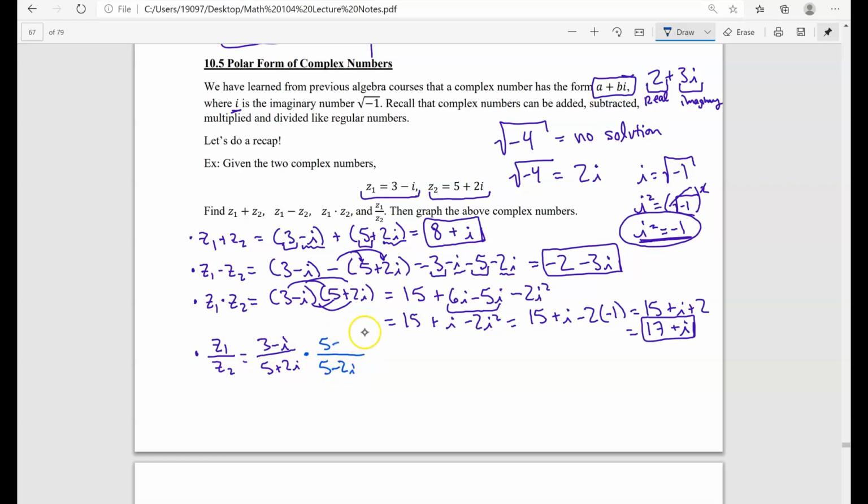This is what we call the complex conjugate. So on the top, you're going to have 3 minus i times 5 minus 2i, divided by 5 plus 2i times 5 minus 2i.